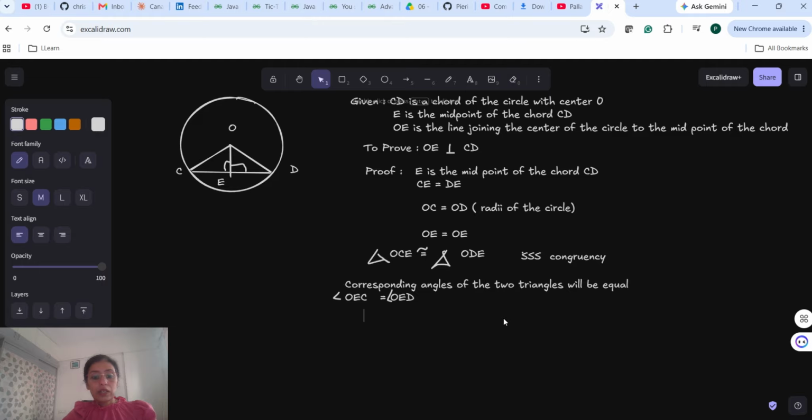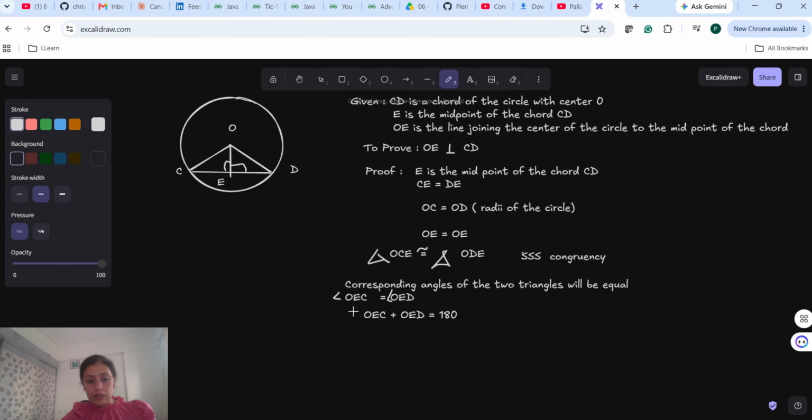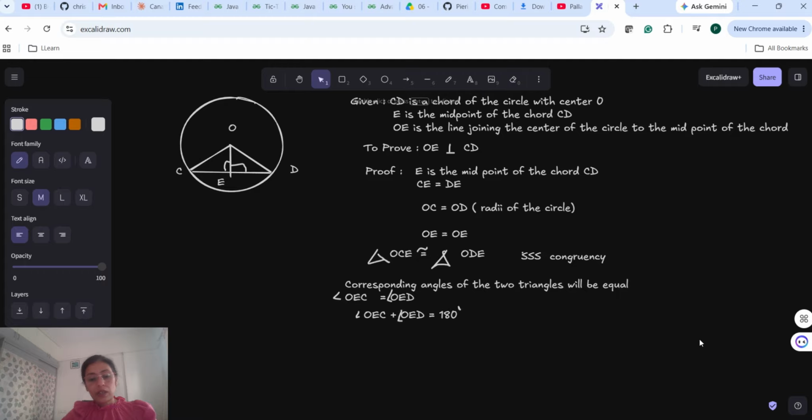So OEC plus OED is equal to 180 degrees. Okay? This is the angle OEC and this is the angle OED. So we can also say OEC is equal to OED.